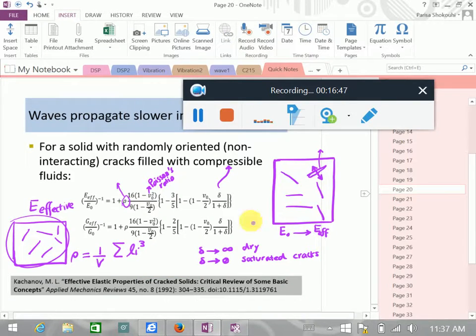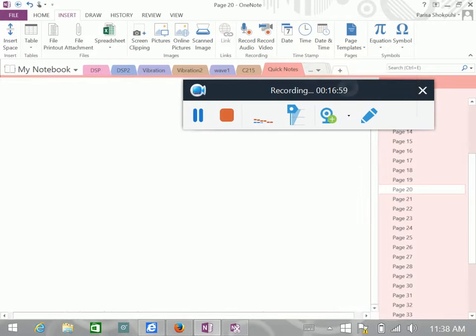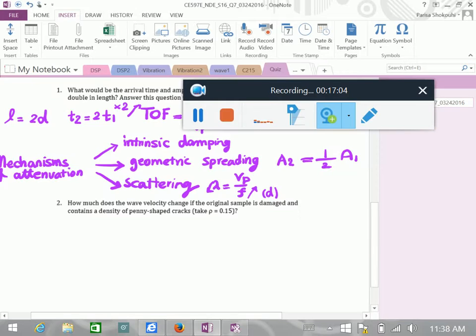Now let's use this formulation and try to see what happens if you have a certain population of cracks inside your material. I have given you rho.